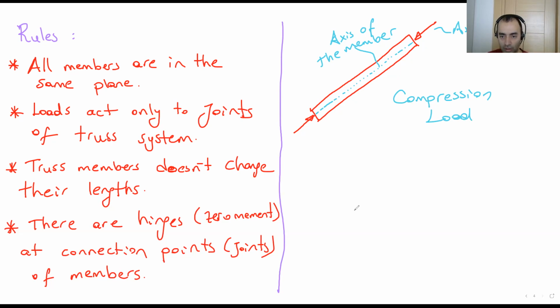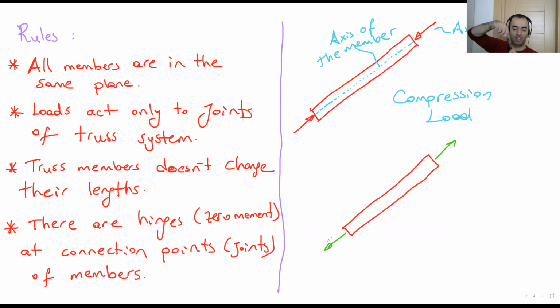Let's change the loading here again. If I try to stretch my member, if I try to pull this point out, this is also a kind of axial load, that's okay. But this is a tension load.